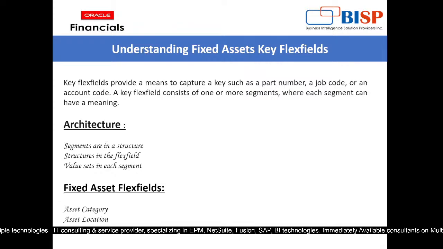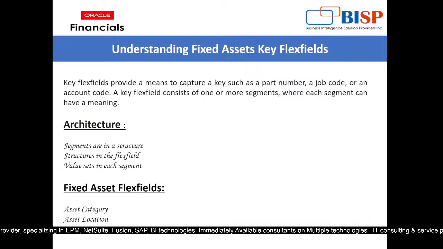For more information about a specific key flex field, we can see the help of the product where the associated business component is implemented. Talking about the architecture, there are 3 steps when we configure any key flex field. We create the segments which are to be used in that structure, then the structure, and then the value sets.